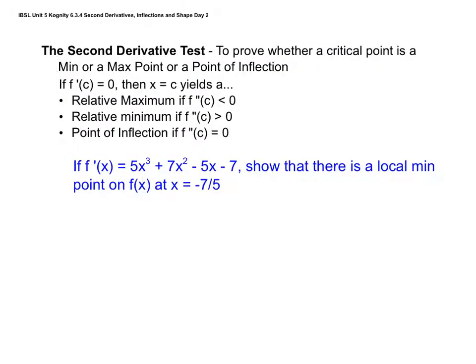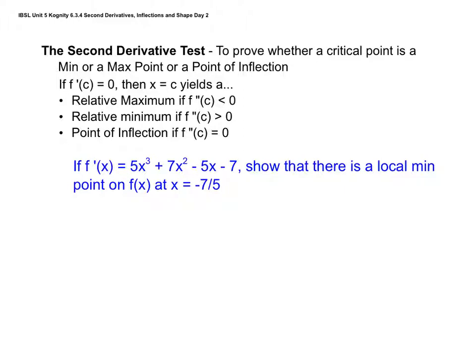So now I want to show us a second method for showing whether something is a max or a min point, or a plateau point, and that is the second derivative test. Now you might remember we said that if you are told to show that something is a local max or a local min, then the first thing you needed to show was that the first derivative equaled 0 at that point.